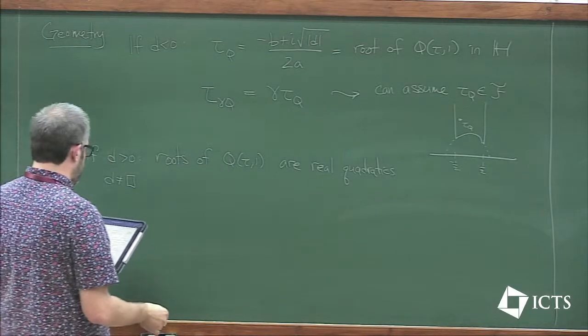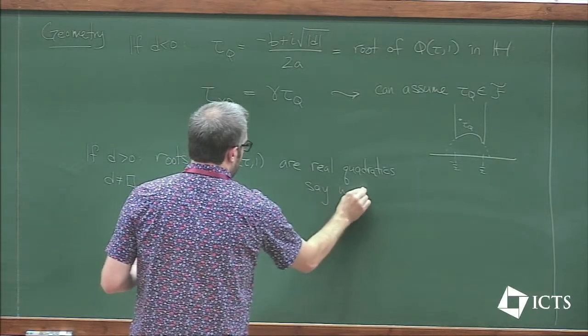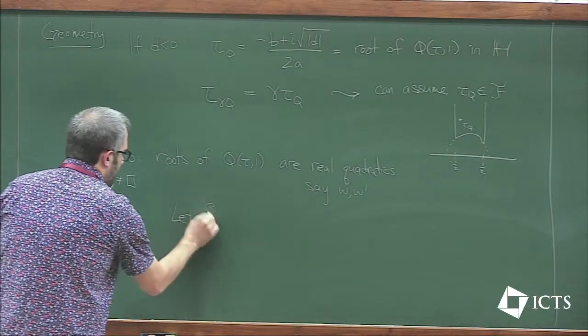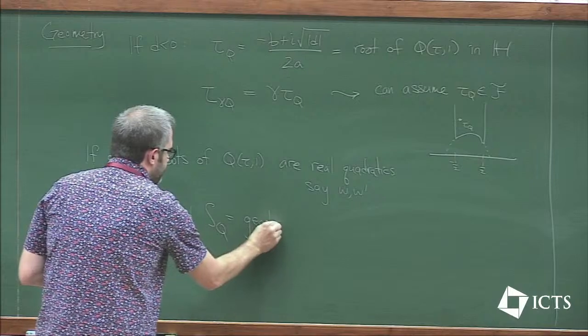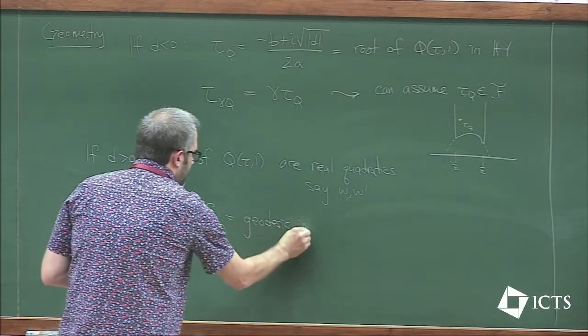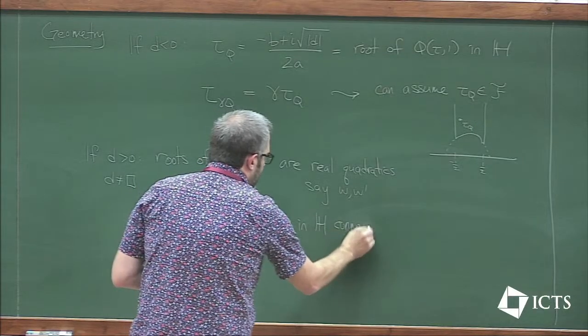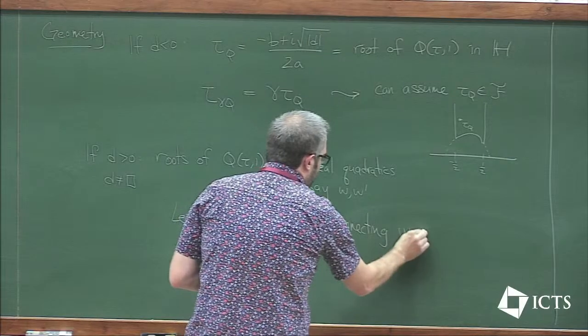And so what we're going to do, let's call them something. Let's say they're W and W prime. So let's let SQ be the geodesic in the upper half plane connecting W and W prime.